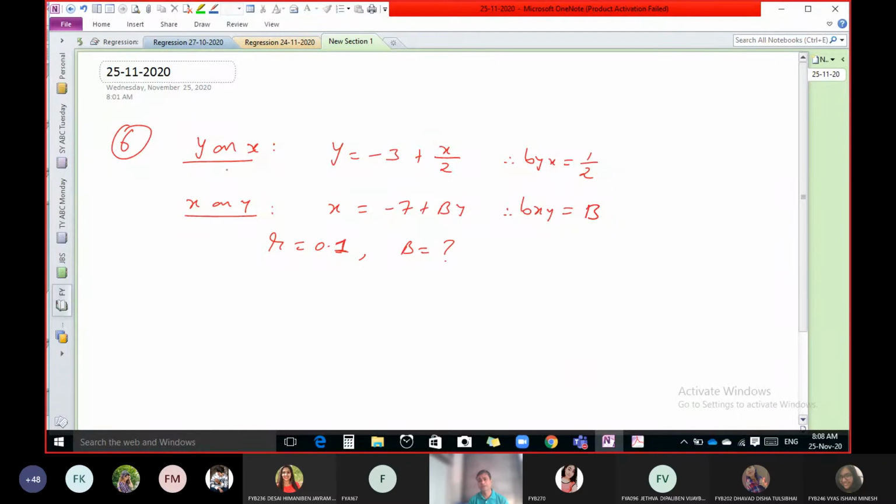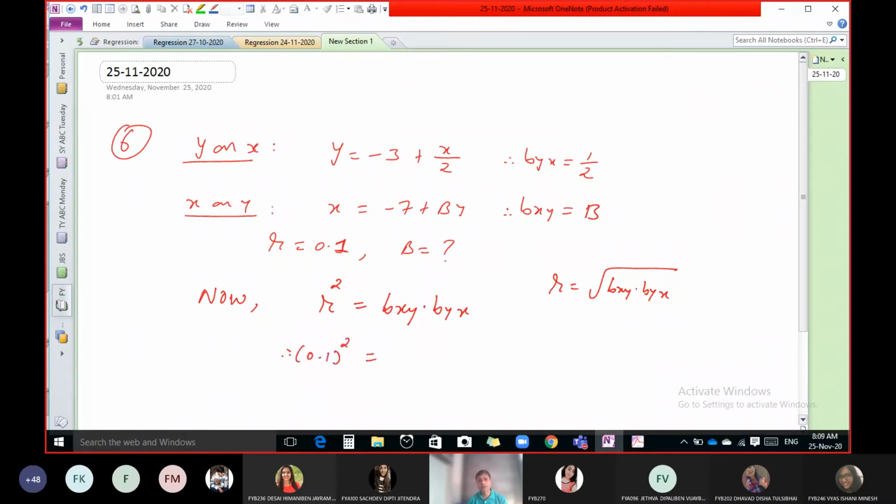Any of you? R equals under root of bxy into byx. Correct. So you can use this: r square equal to, take the square on both sides. We know that r equals root of bxy into byx, so taking square on both sides, and we know the value of r, 0.1.